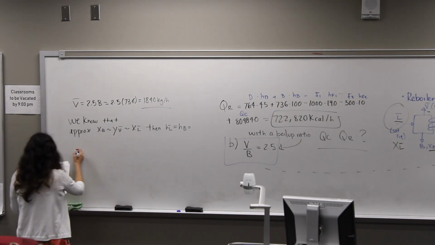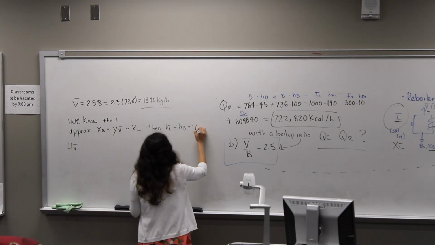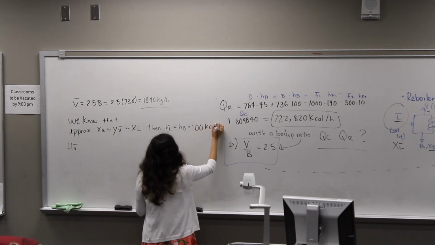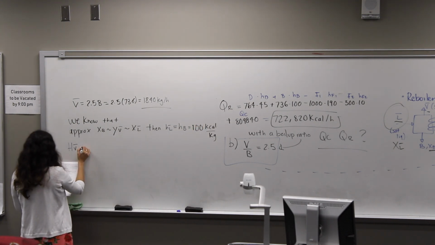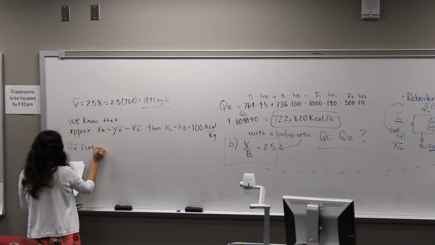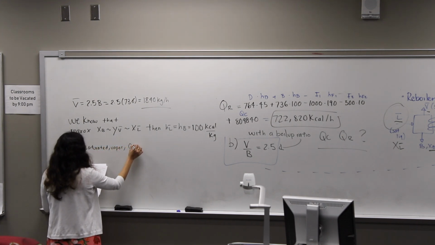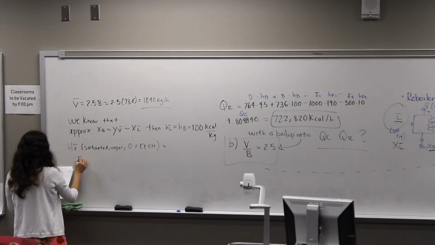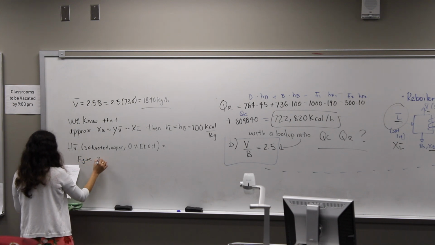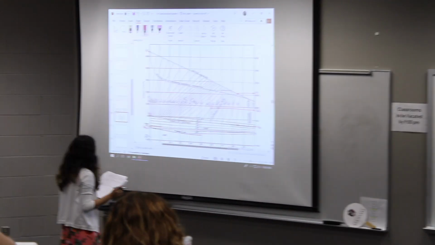And I think that value we have read before. Can someone get it back, please? Yes, right? Thank you. And we need to read the saturated vapor enthalpy from the figure.